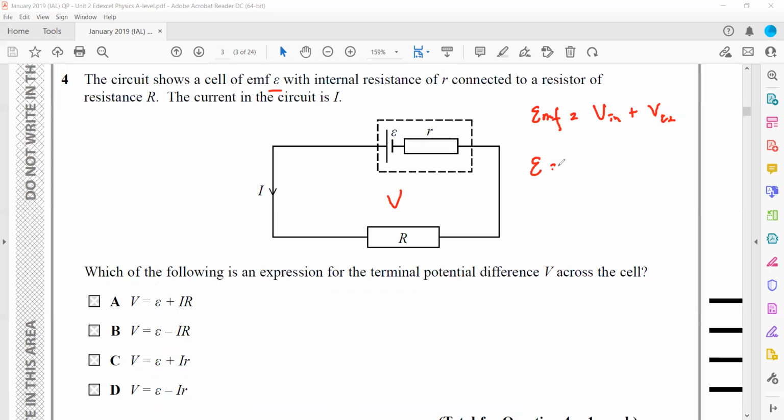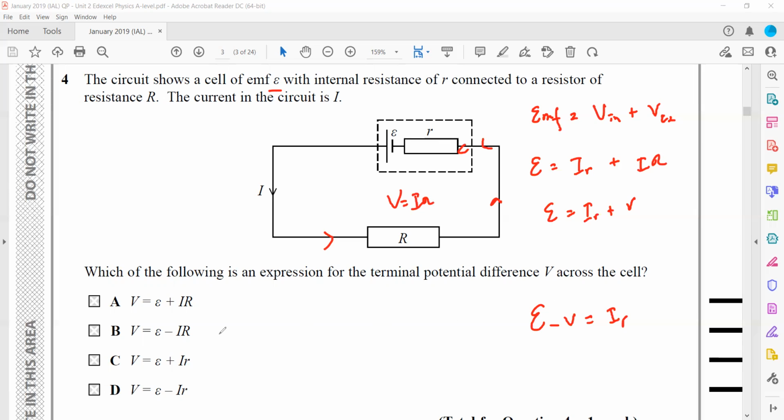So total EMF is E, the voltage drop internally will be small r times I, and the voltage drop externally will be capital R times I, because the resistance is R and the same current I flows through the internal resistance. This IR is given by the formula V equals IR. So I can say EMF is equal to Ir plus V. This V is added, on the other side it will be subtracted. So EMF minus V is equal to Ir.